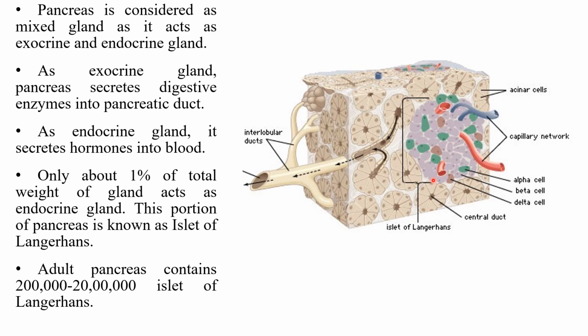Hence, the endocrine part of the pancreas is called islets of Langerhans. An adult pancreas contains around 2 lakh to 20 lakh islets of Langerhans dispersed in between the pancreatic acinus.